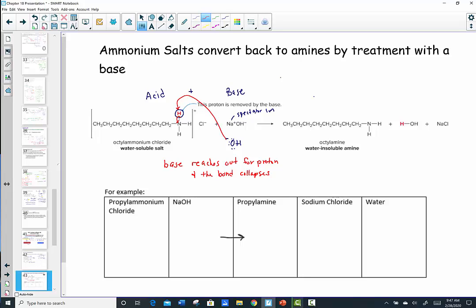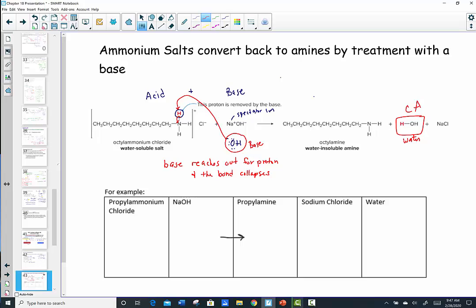So the OH negative acts as the base, reaches out for the proton, and now look, this right here is the conjugate acid of OH negative. This is the base. Here is its conjugate acid, water.